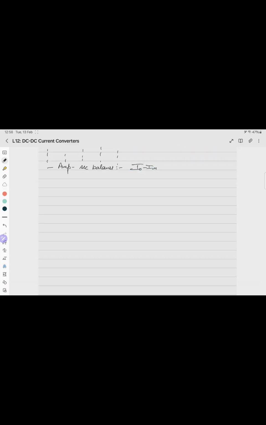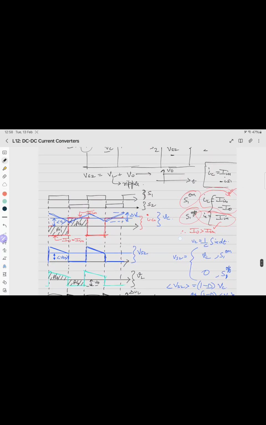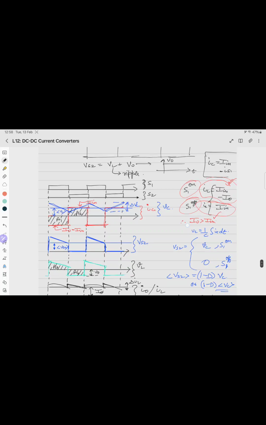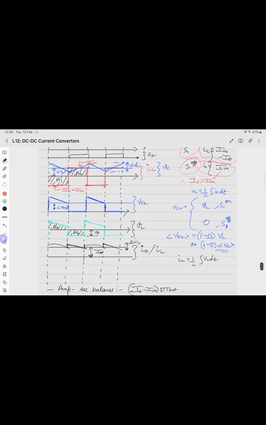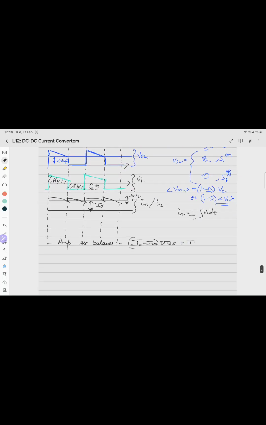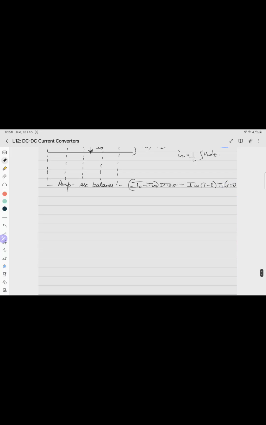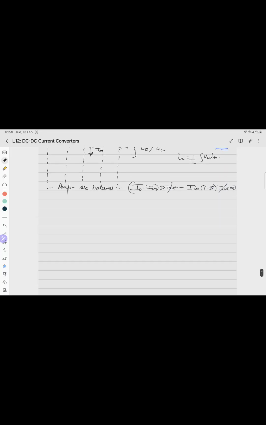So (I0 minus IN) into D into T switching, plus IN into (1 minus D) T switching is 0. This gets cancelled. If I rearrange, it will be (IN minus I0) D equals IN into (1 minus D).